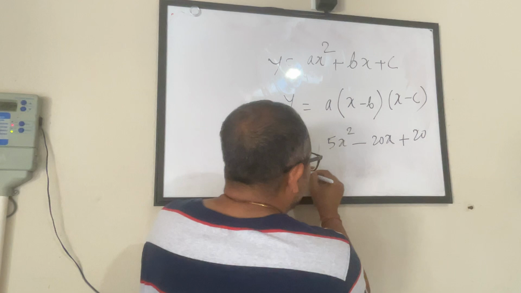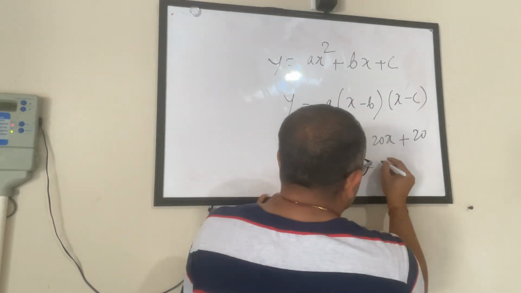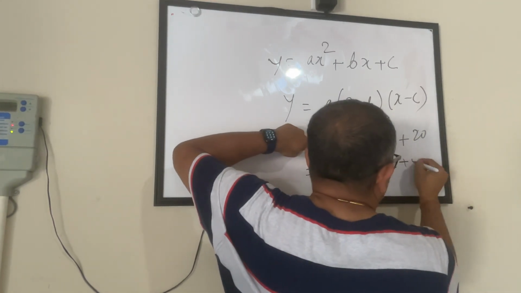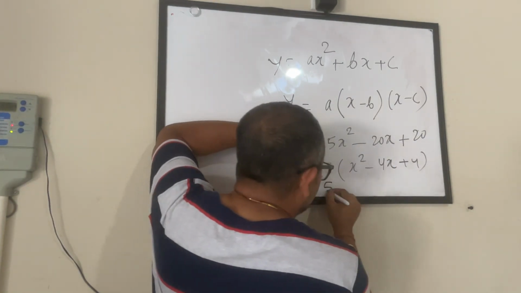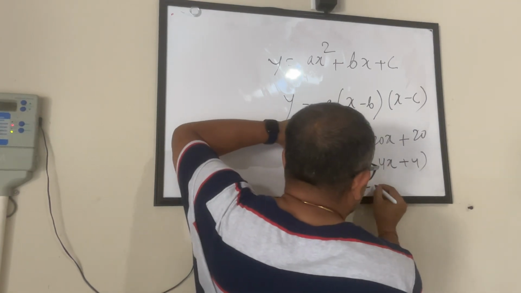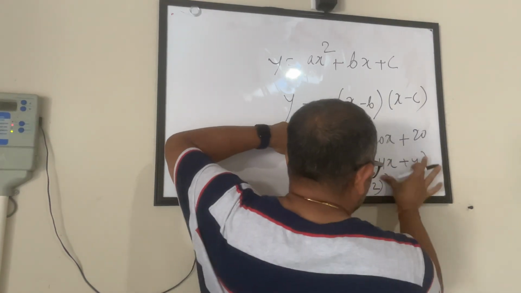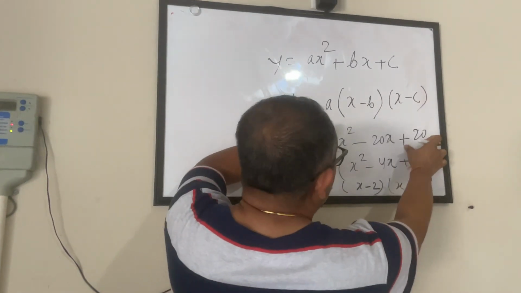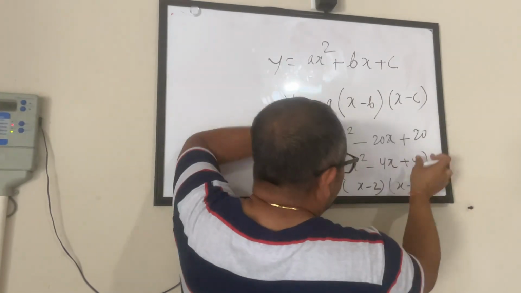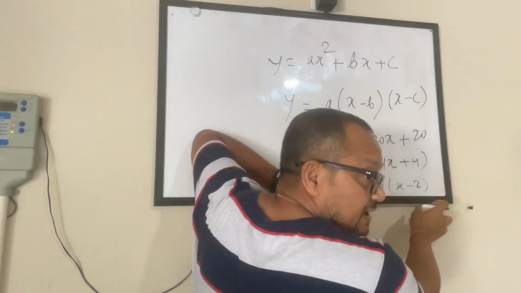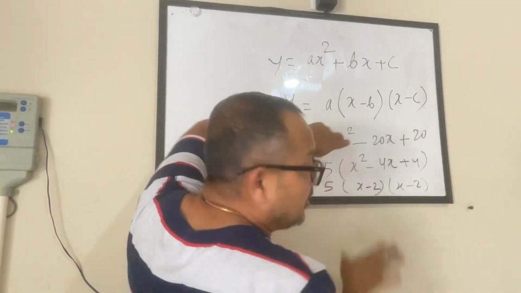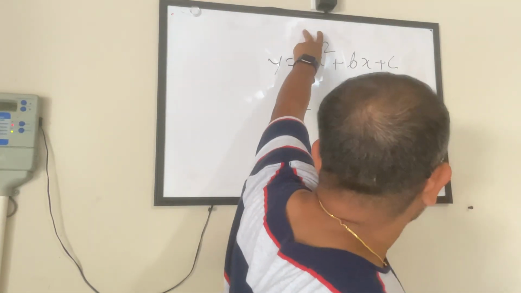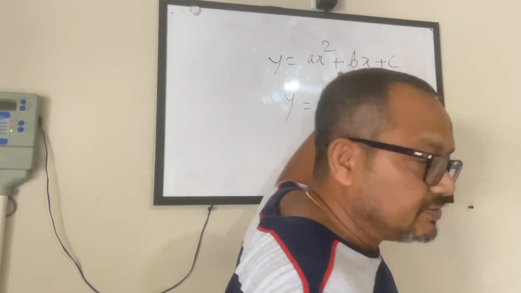And what we did was we took 5 out here, it became x squared plus 4x plus 4. And then we found that this is nothing but (x minus 2) whole square, or we can say (x minus 2) into (x minus 2). So the same equation, like in this standard form, we just split that or converted that to factors. So this is called factored form. Okay? And we'll talk about all of them one by one. So first is the standard form, second one is called factored form.